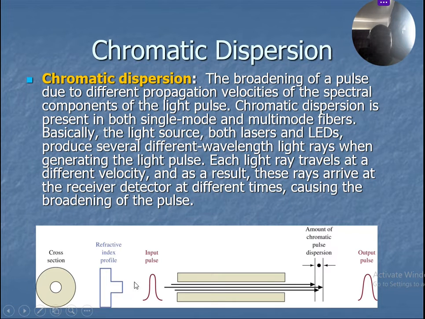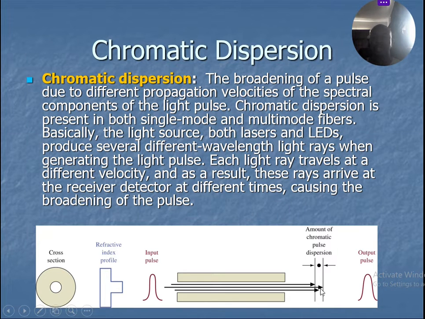Now because of their different refractive index, each ray of light has a different refractive index. The difference results from the refractive index in a single mode, or what you call the low order mode. In a single mode or low order mode, different wavelengths pass through and reach the end at different times. You can see this one ends here, this one ends here, and this one ends here.